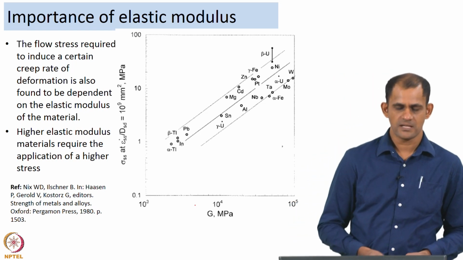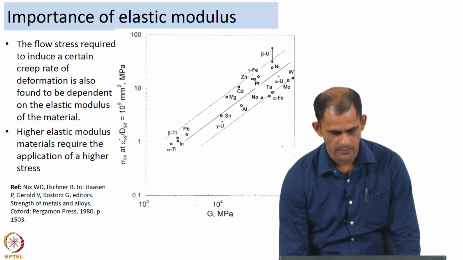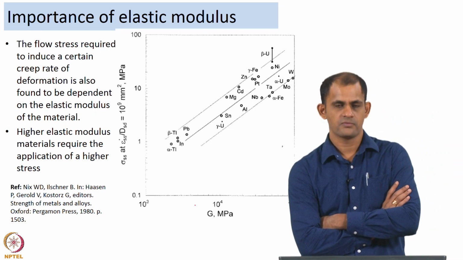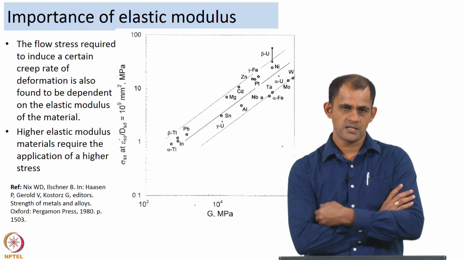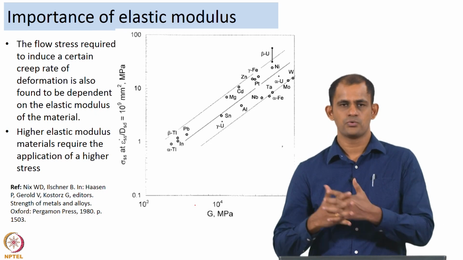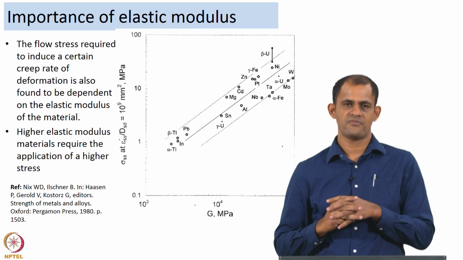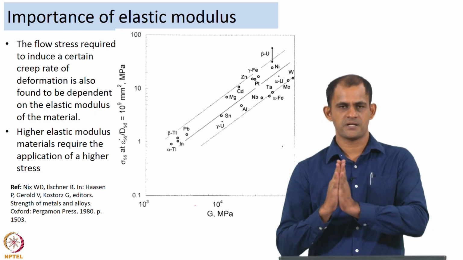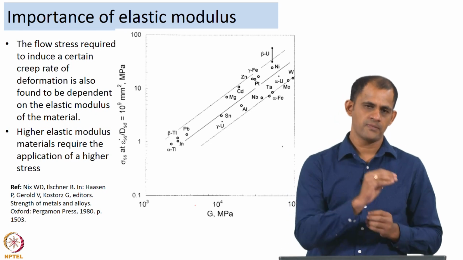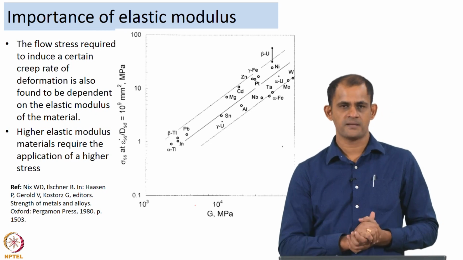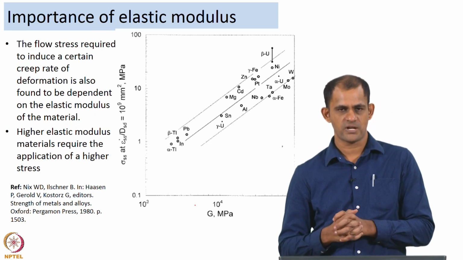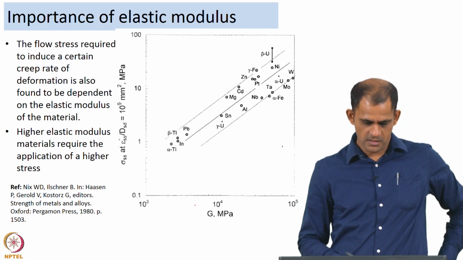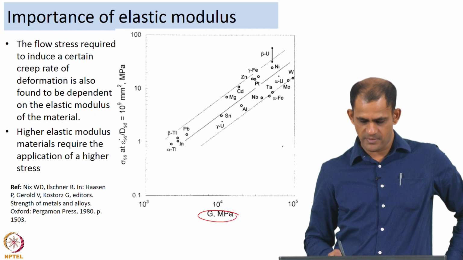And the importance of elastic modulus is also understood from the following plot. This is a plot of flow stress versus shear modulus, and this flow stress corresponds to a certain strain rate of deformation during creep. If you are interested in achieving a certain creep deformation, and you need to apply a certain stress to achieve that strain rate, what people have noticed is that this flow stress depends on the elastic modulus of the material.